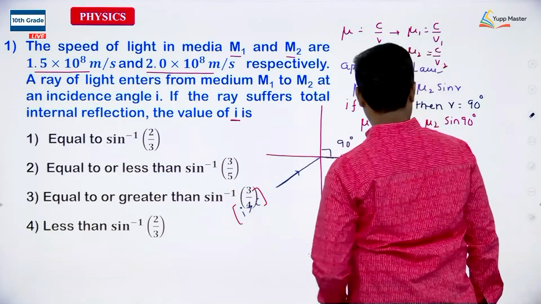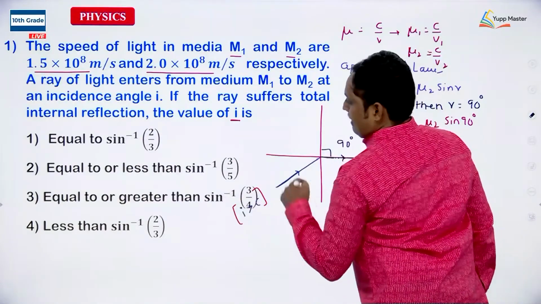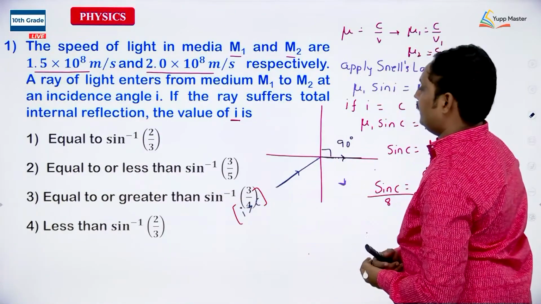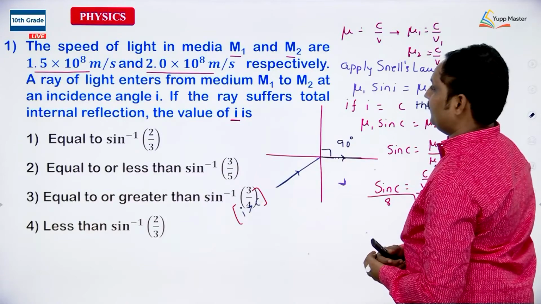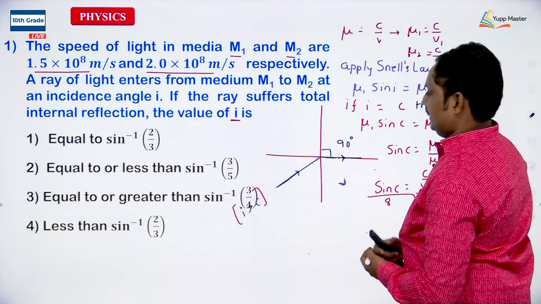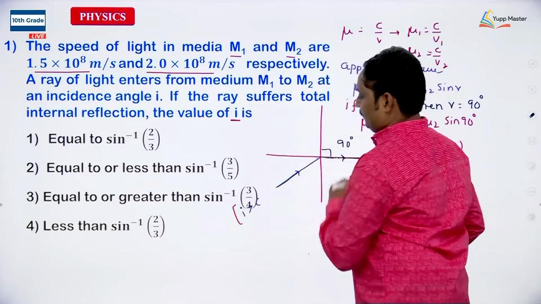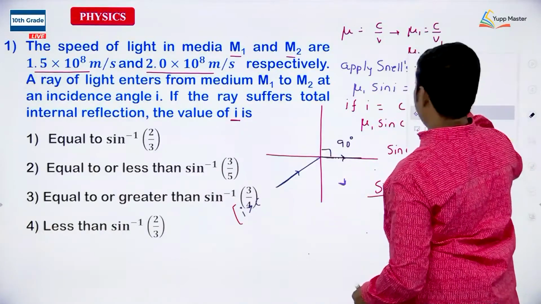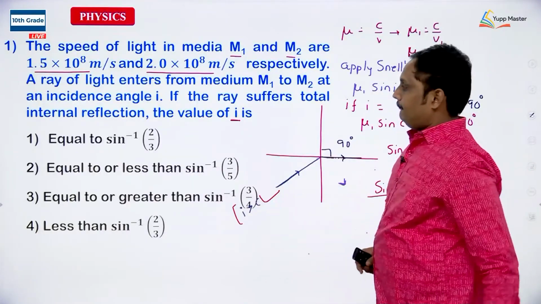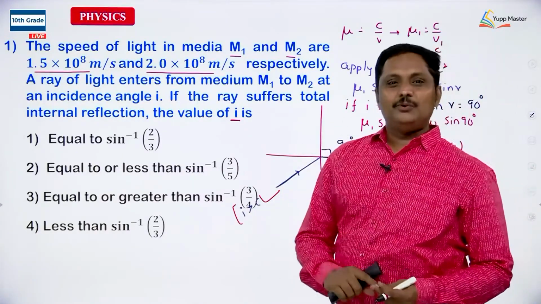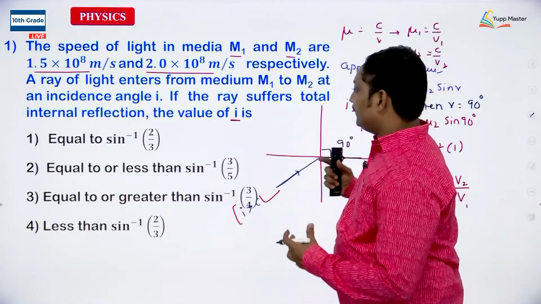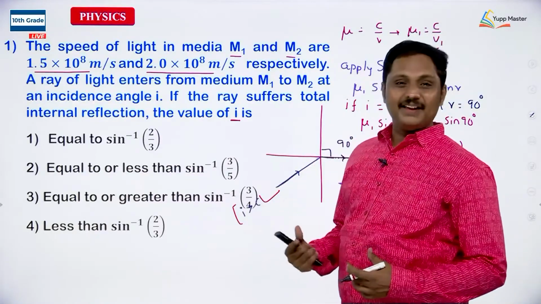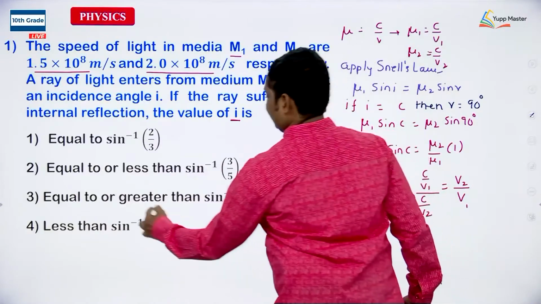We are going to take that sin C is equal or greater than 3 by 4, we will get this one, right. It is very clear, the angle of incidence must be greater than the critical angle.